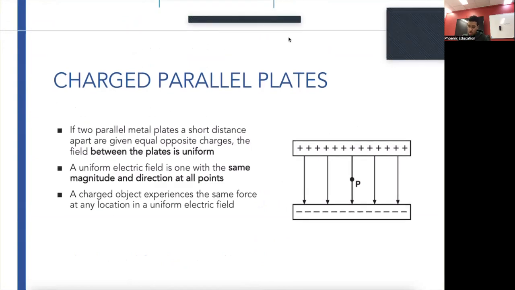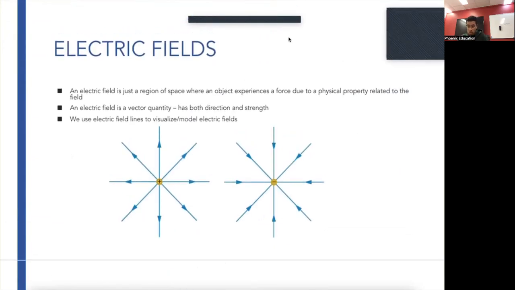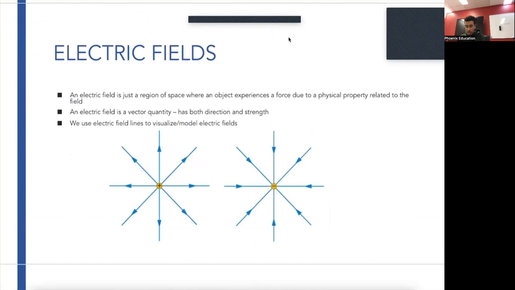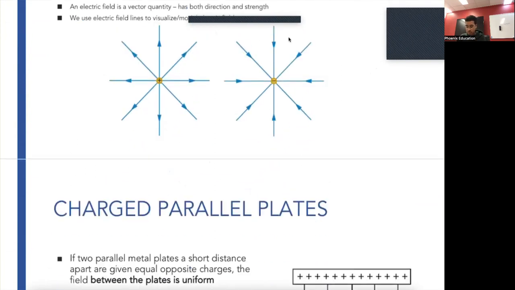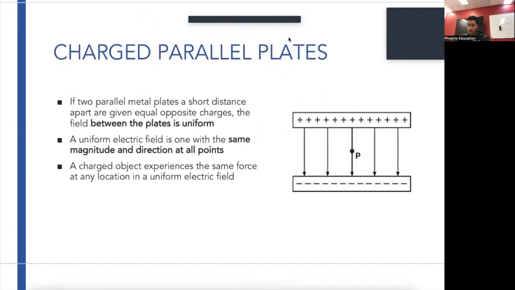Parallel plates. So having protons and electrons was one way of having electric fields. Another way to create an electric field is to supply electricity to two plates. So when we supply electricity to two metal plates, one plate becomes positively charged and the other plate becomes negatively charged.